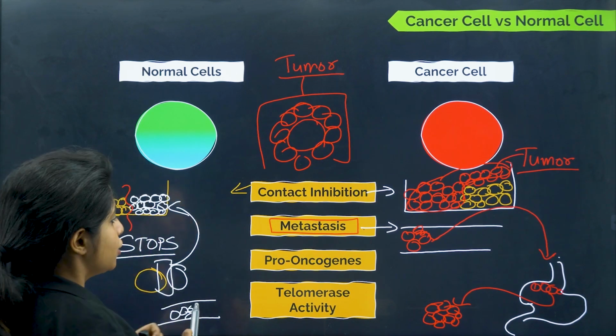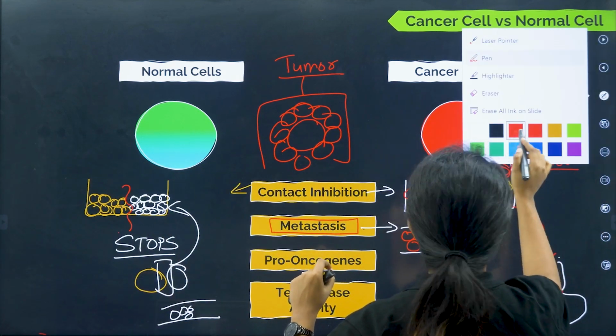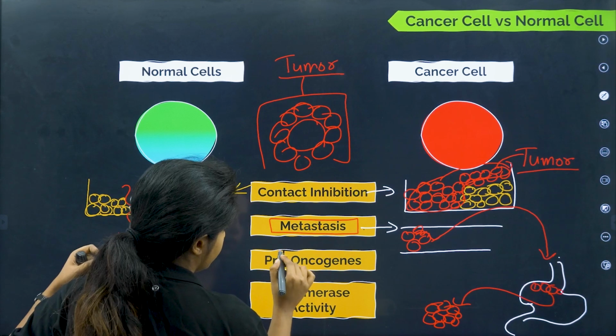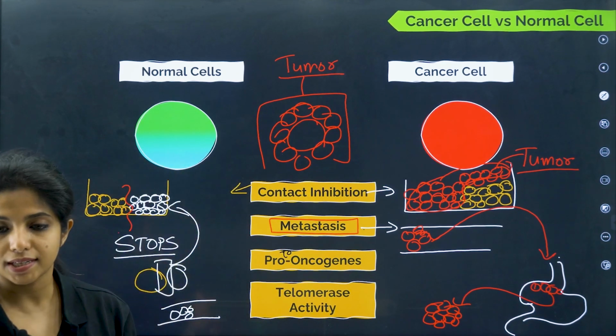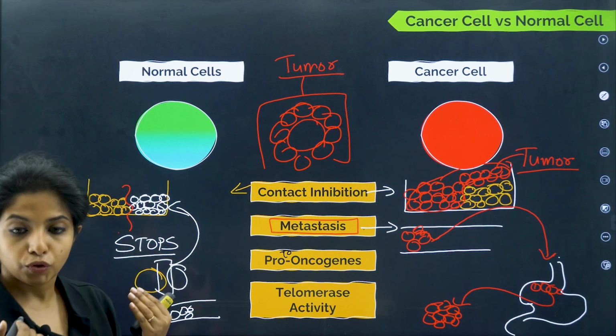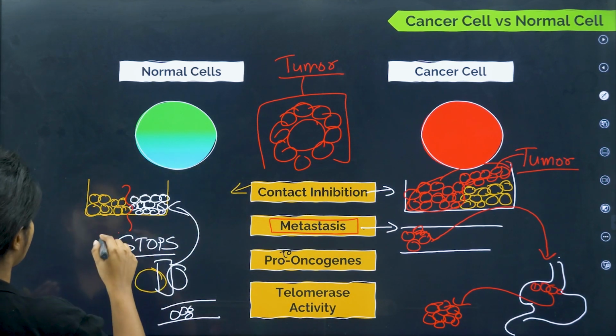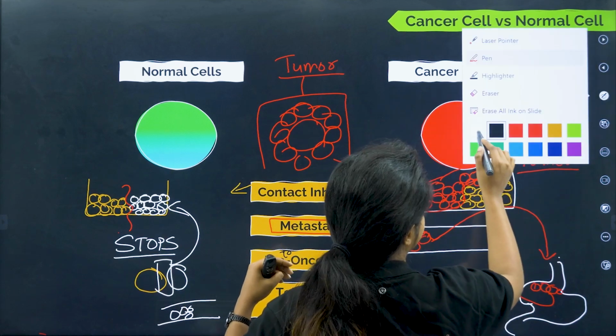So, what are proto-oncogenes? Generally, in our body, you know that we have a cell, we have a nucleus. Inside the nucleus, what do we have, children? We have our DNA, right?